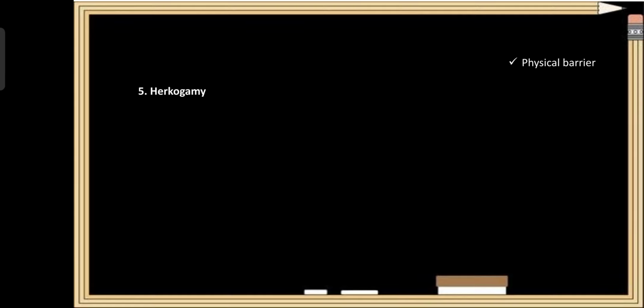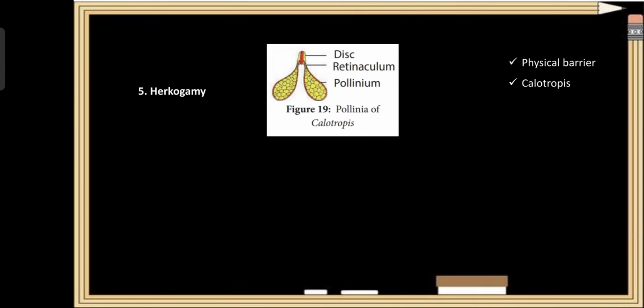Ergogamy always prevents self-pollination. The best example is calotropis. In calotropis, the pollen grains are enclosed in a petaloid structure called pollinia.